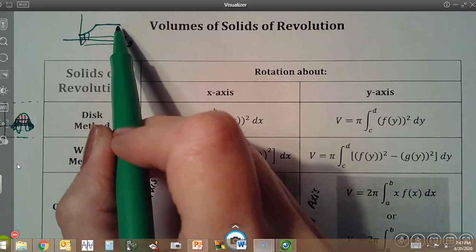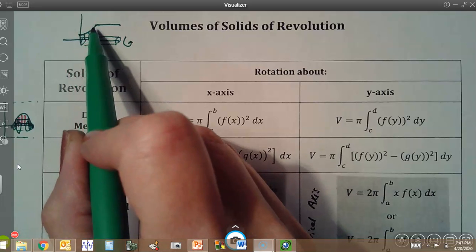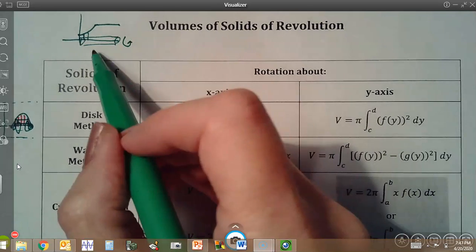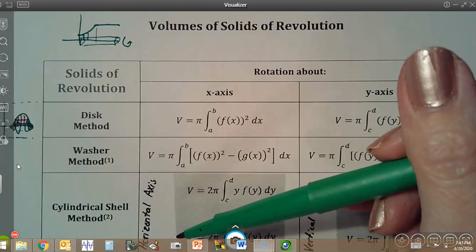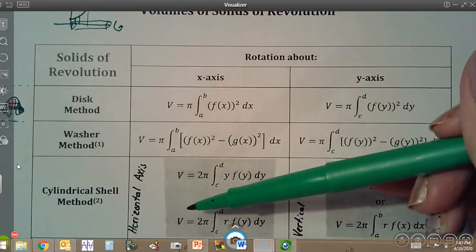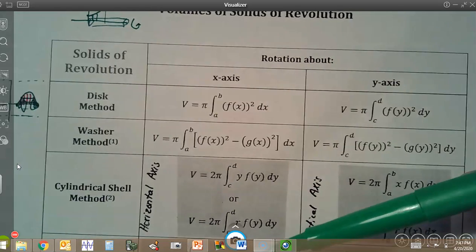I don't know if it would, because you really would have one function for y that's changing, and then over here it'd be constant. I think you would probably still have to break that one into two. But I know there are some that you could do with the shell method in one integral that would only work with the disc method in two. So watch out for that as you're going along here.